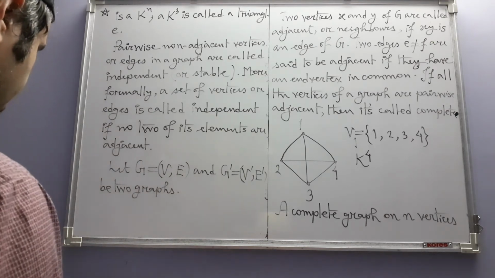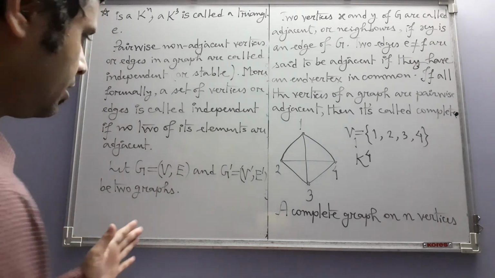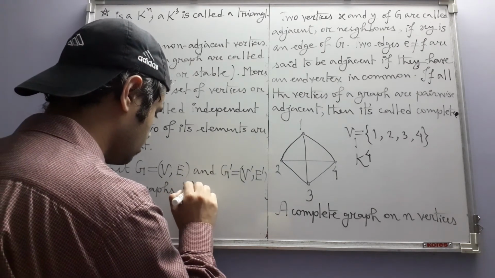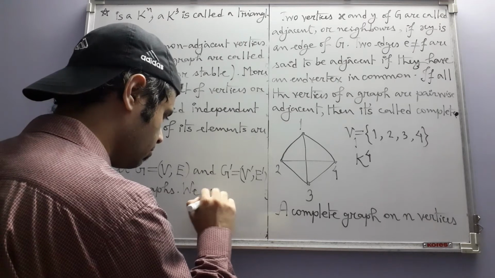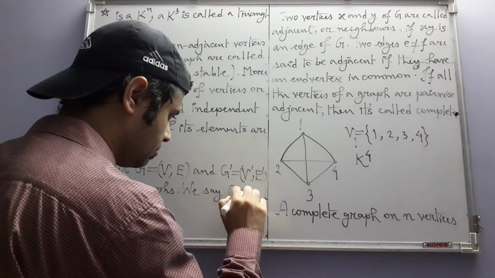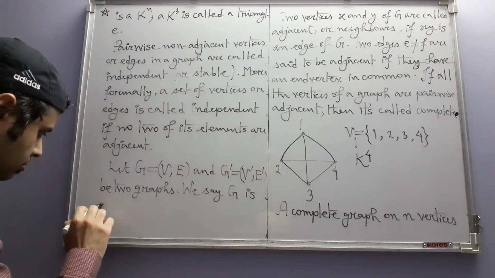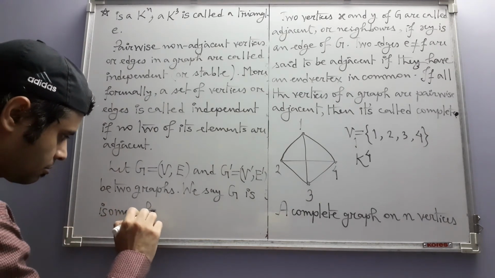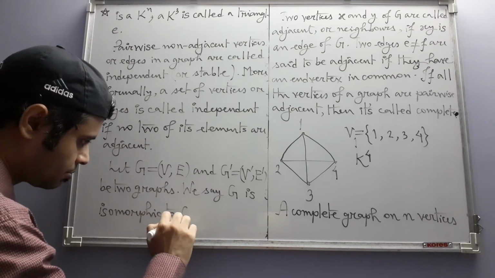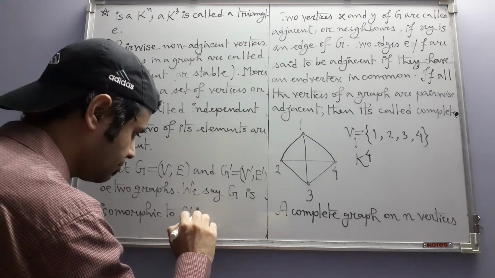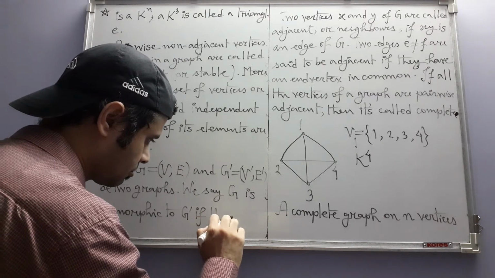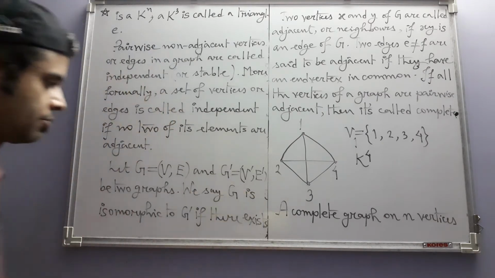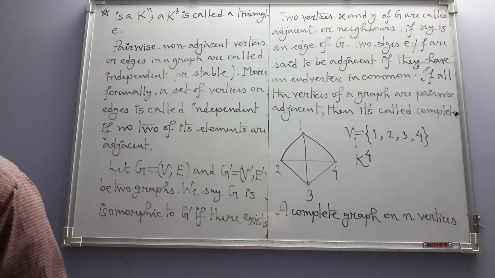Now we say that one is isomorphic to the other. We say G is isomorphic to G prime if there exists a bijective map.